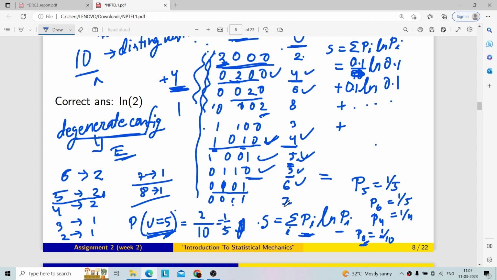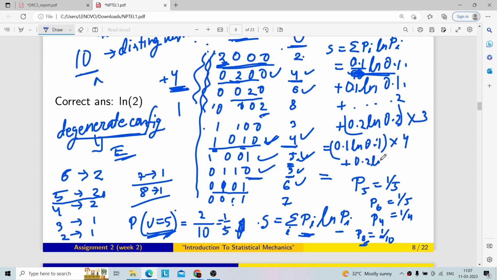But for 6, 5 and 4, it's 1 over 5, so 0.2 ln of 0.2. How many are there? 3 such systems are there. For the other system there are 4 of them. So effectively I can write 0.1 ln of 0.1 into 4, plus 0.2 ln of 0.2 into 3, right?